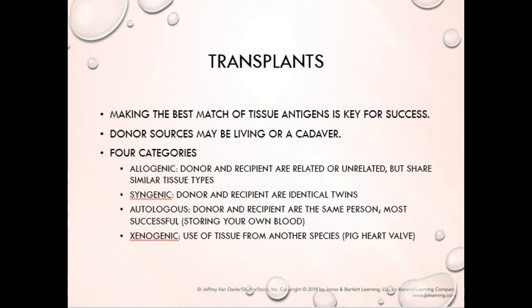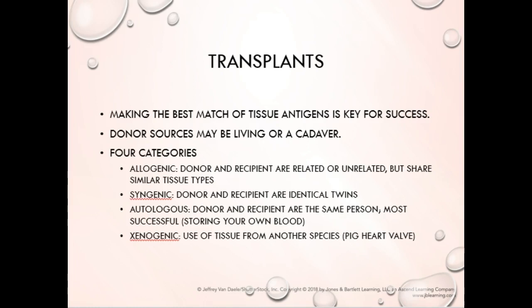The reason I find this fascinating is because you're basically taking a foreign tissue, which acts as an antigen, which we know at this point is something that our body sees as foreign. And the trick with transplants is to try to make it as non-foreign as possible.